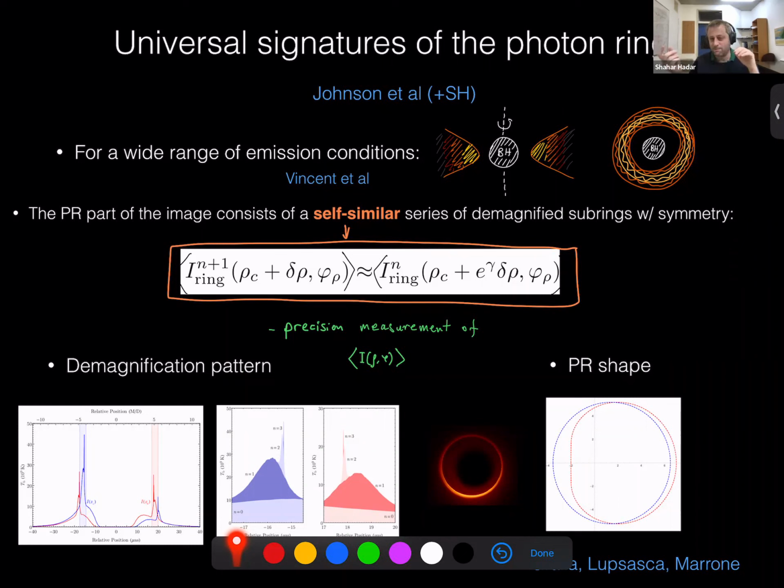When you go to high spin and certain values of r tilde, which correspond to radii in the near horizon geometry, gamma becomes smaller. So there you can expect a demagnification which is not as large, but otherwise it's always of the same order of magnitude, roughly. It can vary by an O(1) factor, but in Schwarzschild it's about 1/20, or 20, depending on what you look at. So it's a big hit to take.